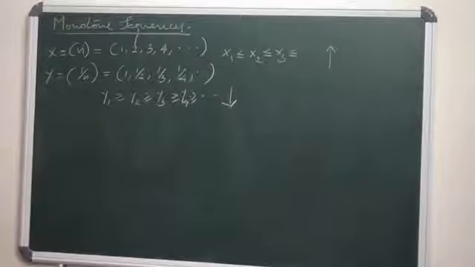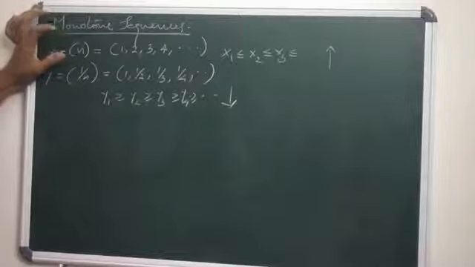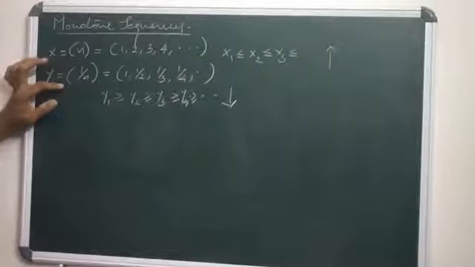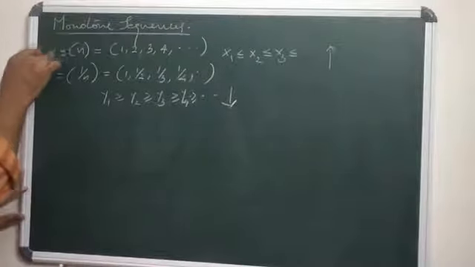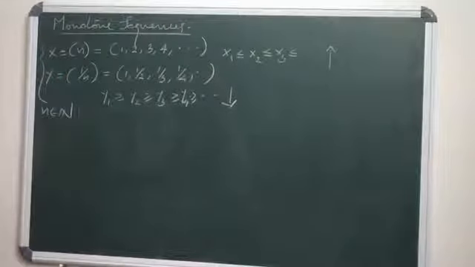If x1 is greater than or equal to x2 greater than or equal to x3 greater than or equal to, then that sequence is said to be a decreasing sequence. The sequence x equals n, where n is a natural number, is an increasing sequence. Here y equals 1 by n, where n is a natural number, is a decreasing sequence. Okay.